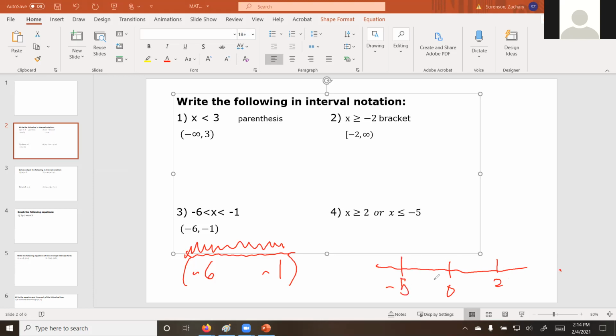What this inequality wants me to describe is all of the values less than or equal to -5 and all of the values greater than or equal to 2. To see that visually, that's all of these numbers all the way down to negative infinity, and all of these numbers. So let's just start with describing this inequality. How would I describe that inequality in interval notation?